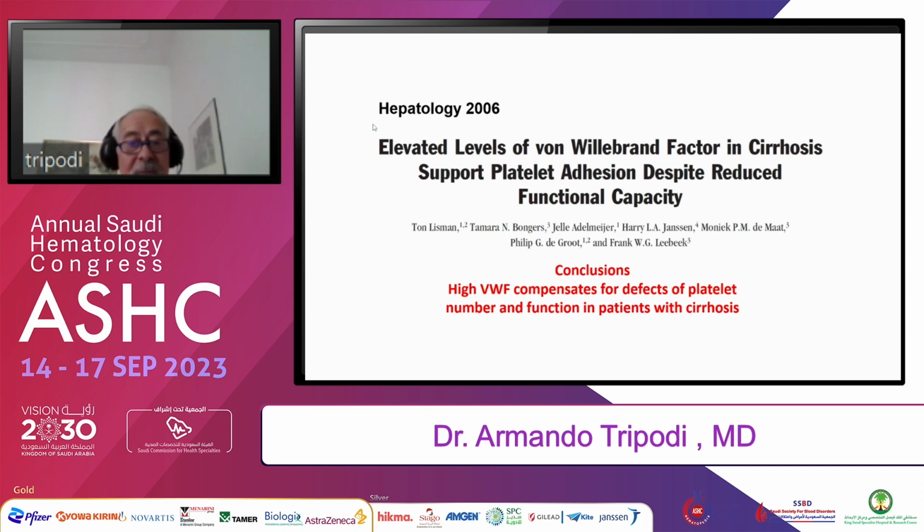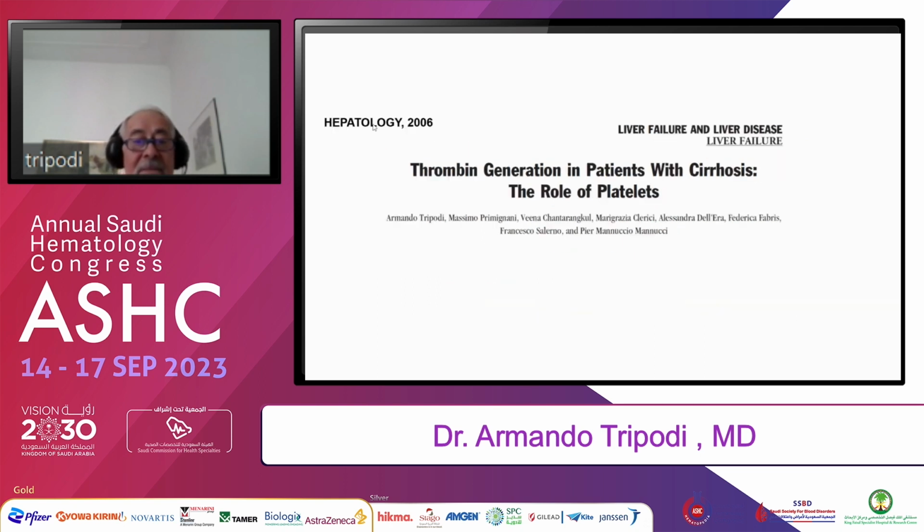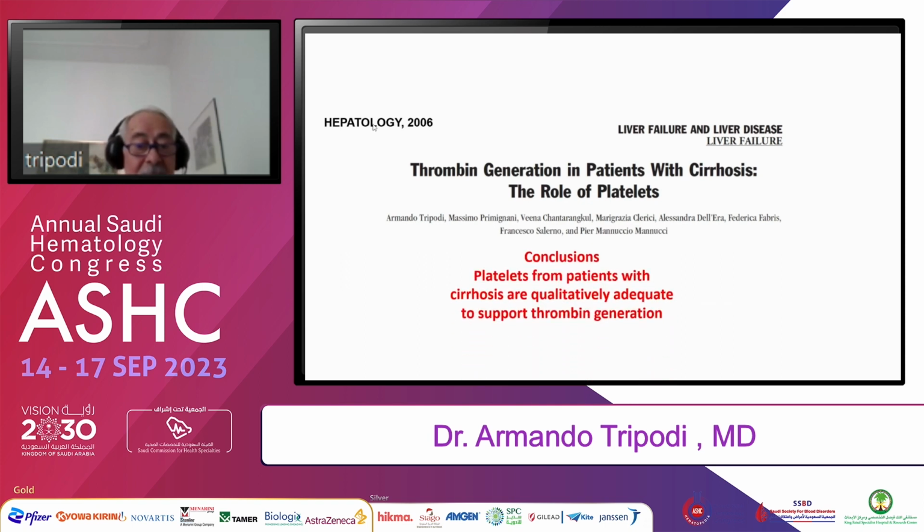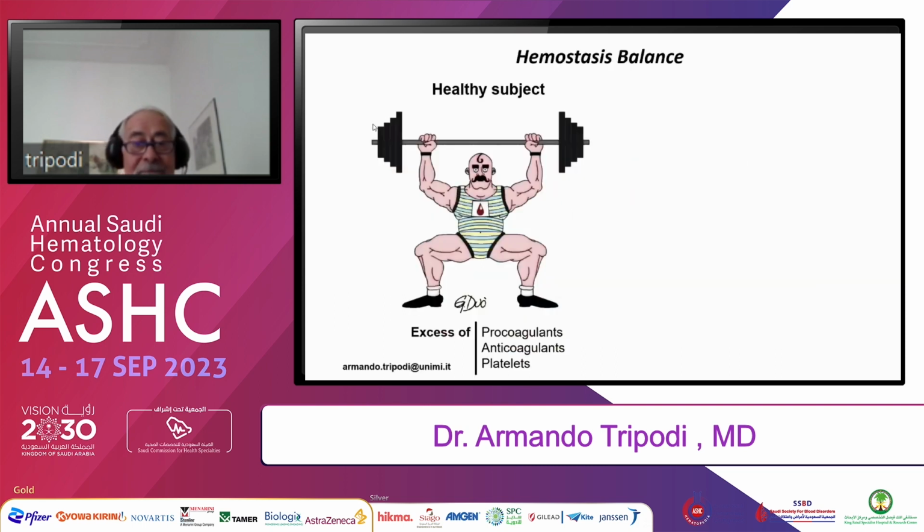And this was demonstrated in a flow system, which mimics more or less what happens in vivo. The year later, we produced evidence on the role of platelets in thrombin generation, and essentially we concluded from our experiment that platelets from patients with cirrhosis seem to be qualitatively adequate to support thrombin generation, provided that the number is adequate.